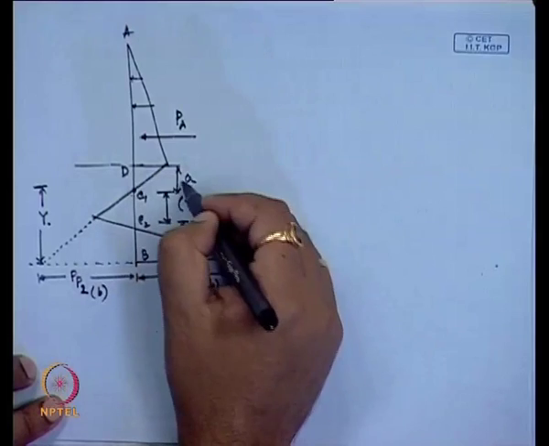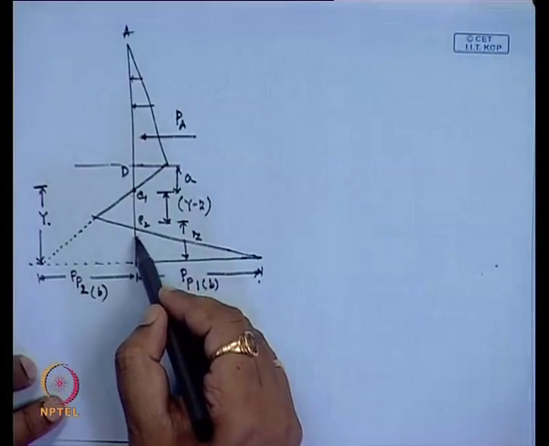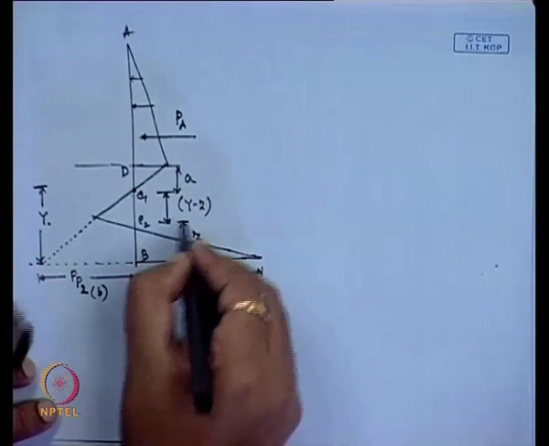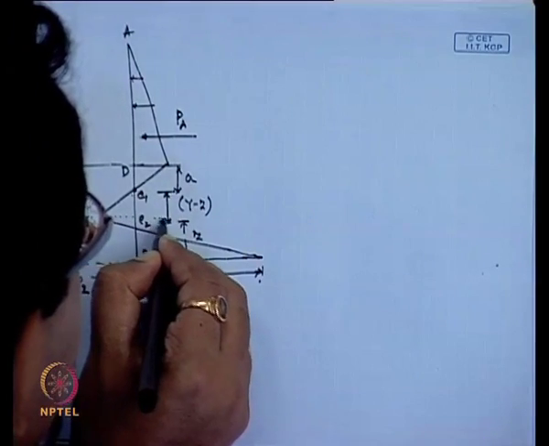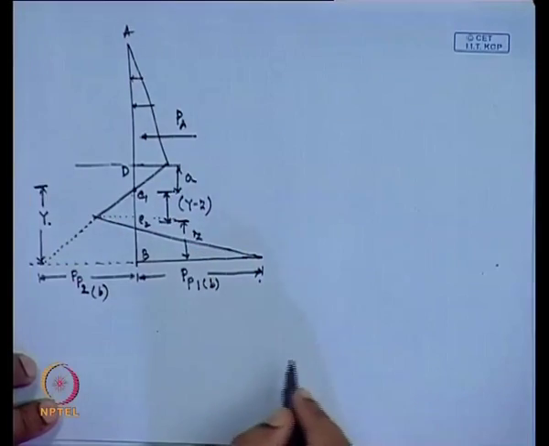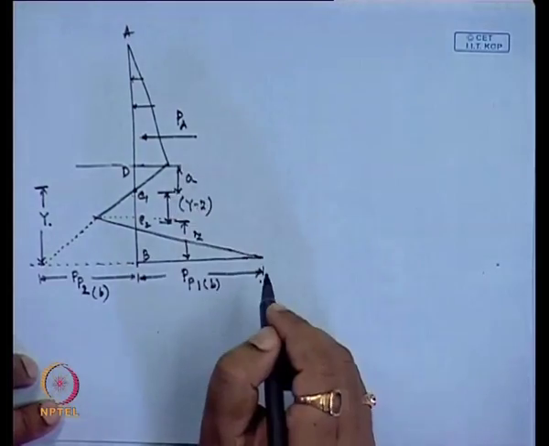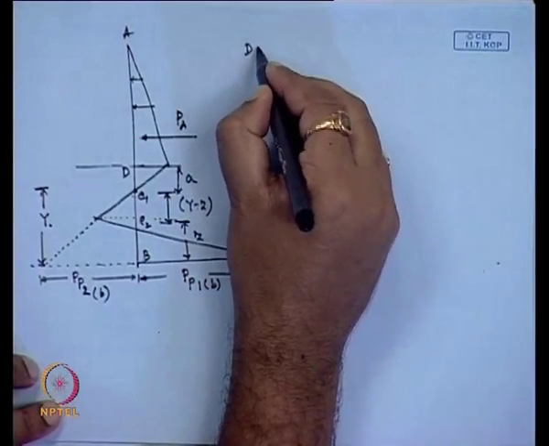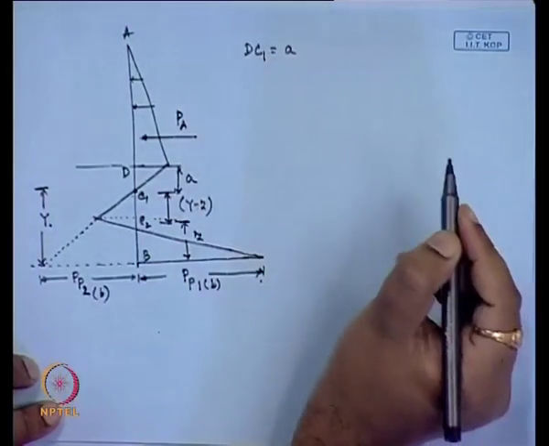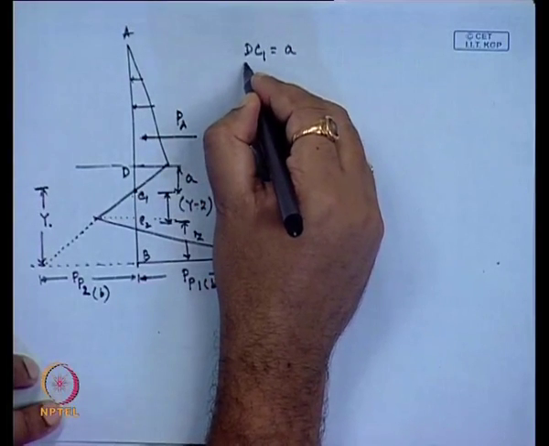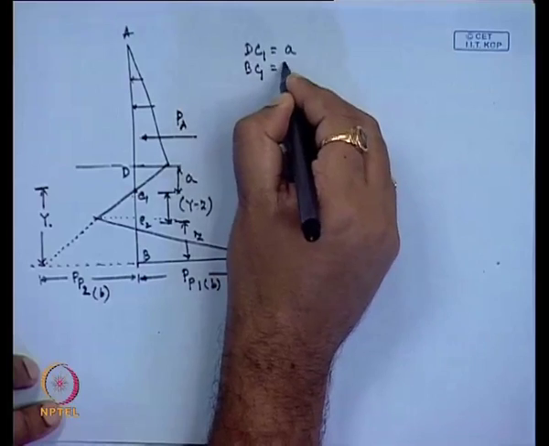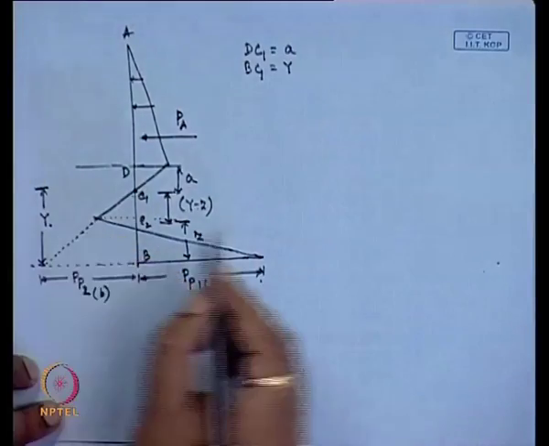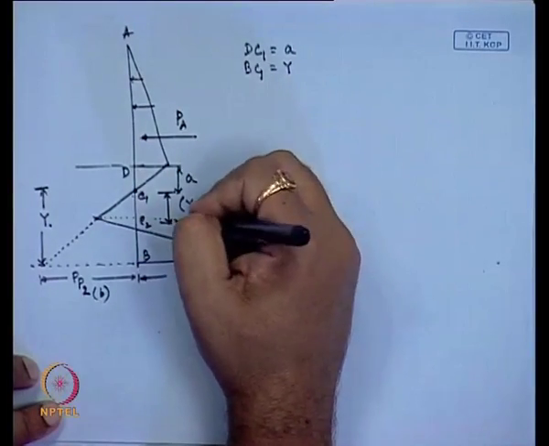So D to C 1 is A, B to the edge of this triangle is Z, and the rest is Y minus Z. So in total, you can write that D to C 1 is equal to A, then B to C 1 is equal to Y, and this point from the B point is Z.